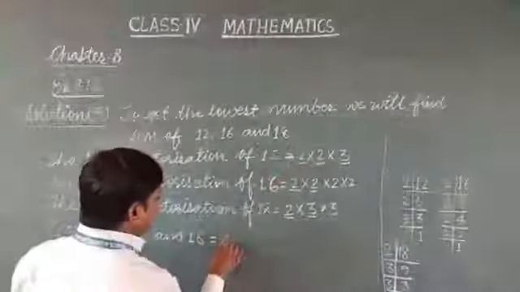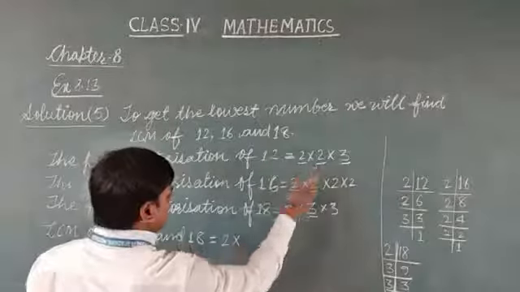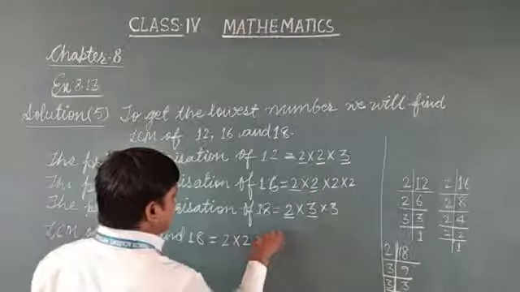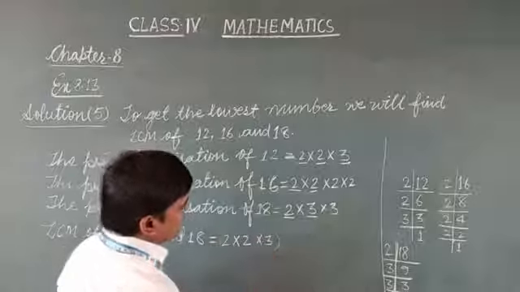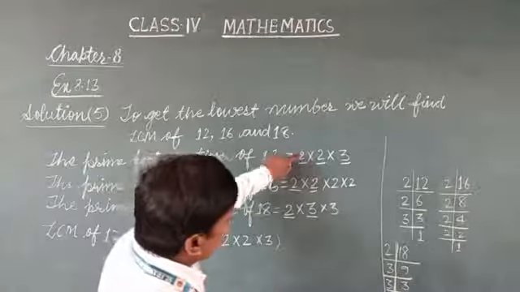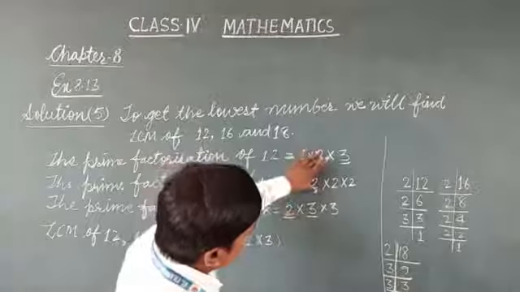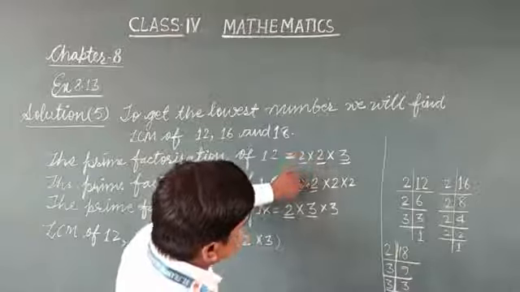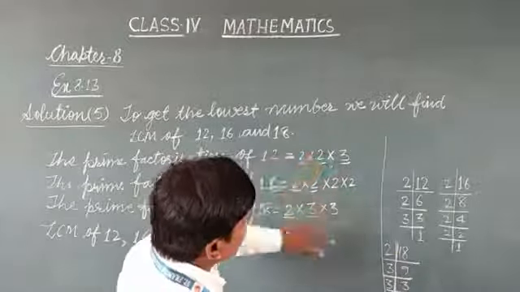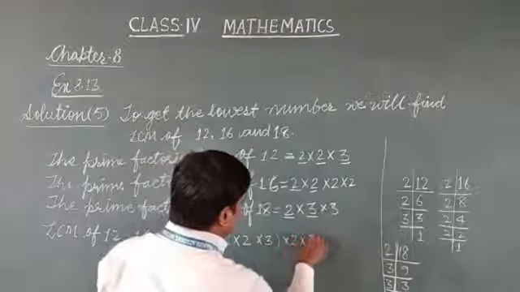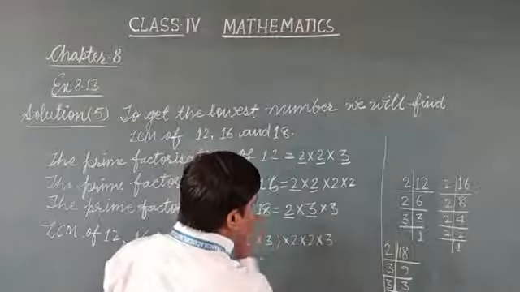So 2 is a common factor, another 2 is a common factor, 3 is a common factor. You can see 2 is here, here and here. So the remaining factors we are having are 2 into 2 into 3.